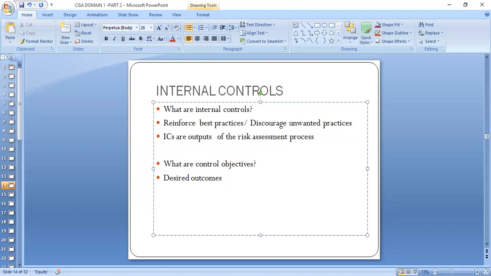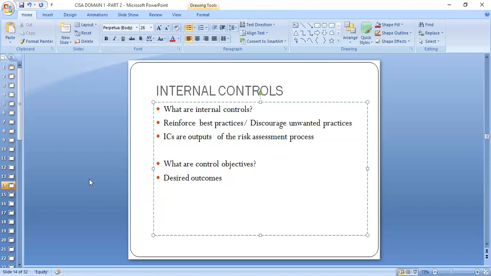I remember some years ago looking at the CISA question database. There was a question like that. Do you think that control objectives will differ in a manual environment compared to a technology-driven automated environment? The answer is no. Controls can be technical, administrative, or managerial, but the desired outcomes basically remain the same.